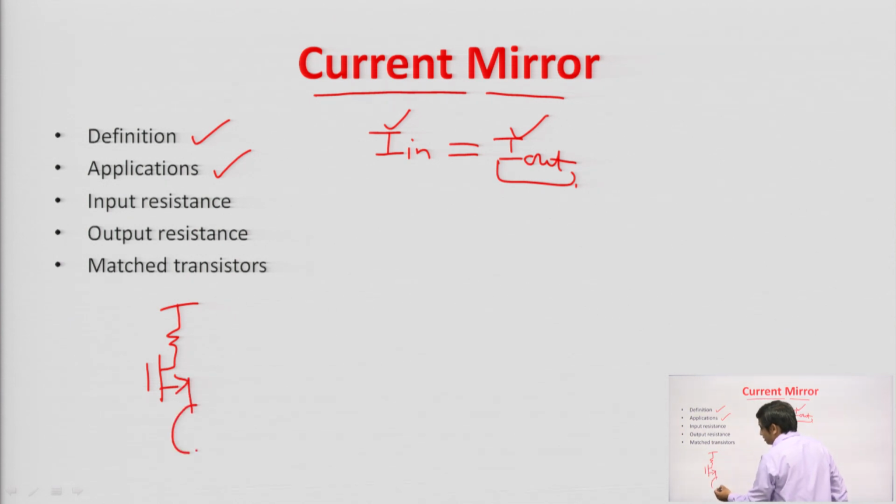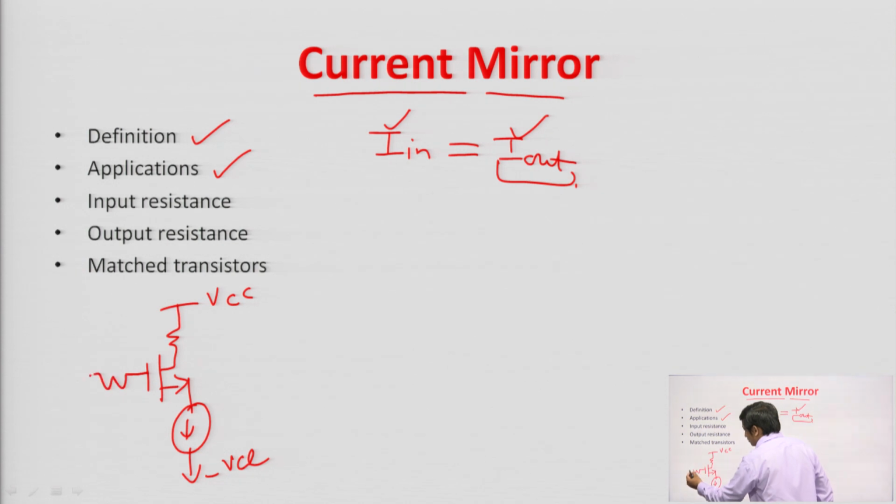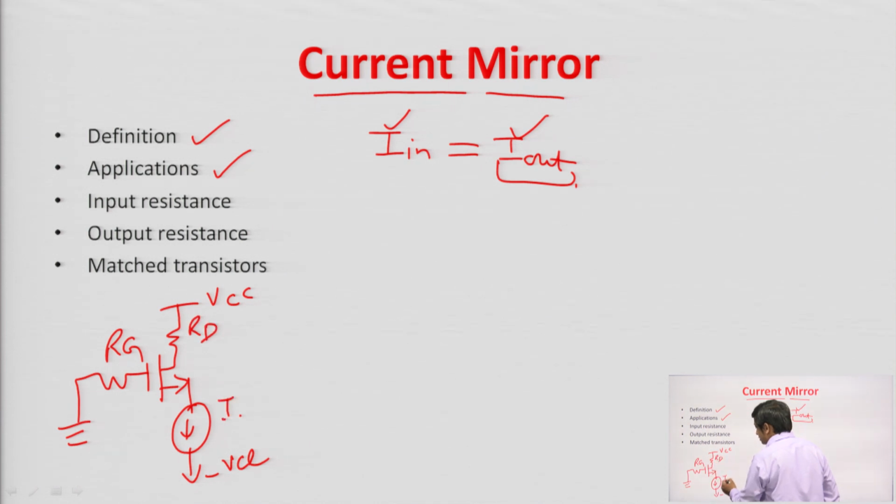At the source terminal we connect a current source, this is plus VCC, this is minus VCC, this is the gate resistance RG and drain resistance RD, this is the current source I. This current source stabilizes the DC operating point, and it is basically made up of the current mirror. That is one application.